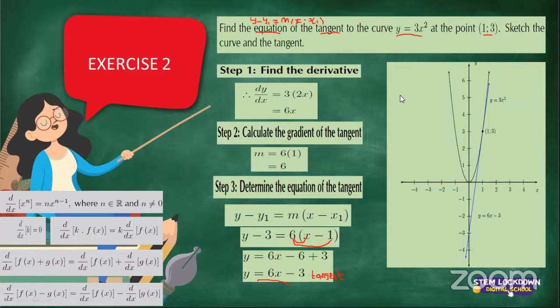Ma'am, if the value was, for example, 3 and 5, then you would have substituted 3? Yes, because for your function, remember when you found the derivative, you found it in terms of x. So if there's an x, you substitute the value of x, because we're saying it's 6x. Makes sense? Yes, ma'am. Okay, great. Thank you, ma'am. Welcome.